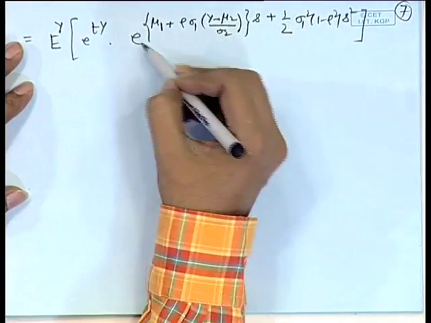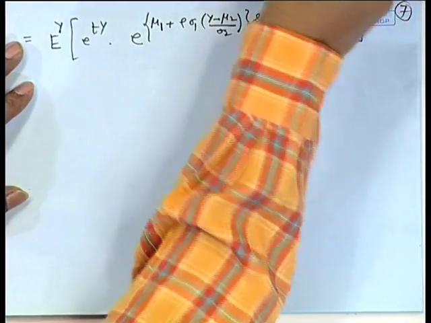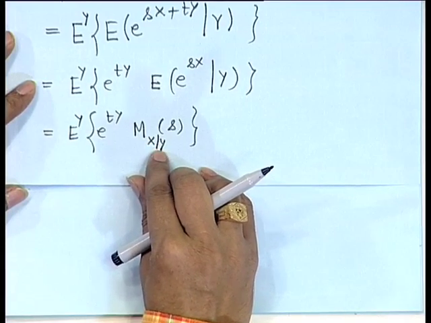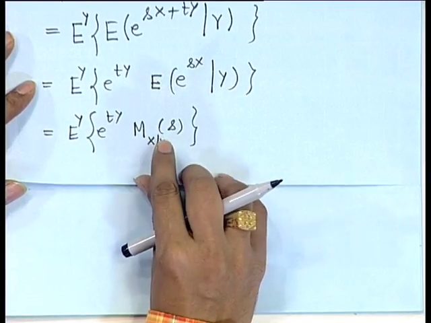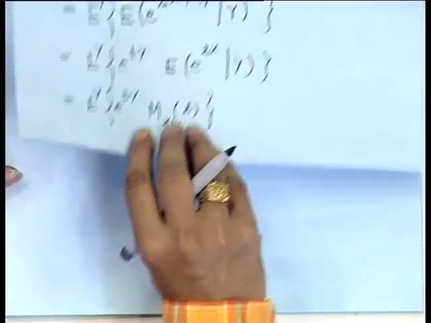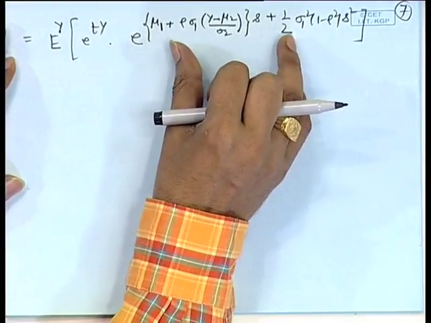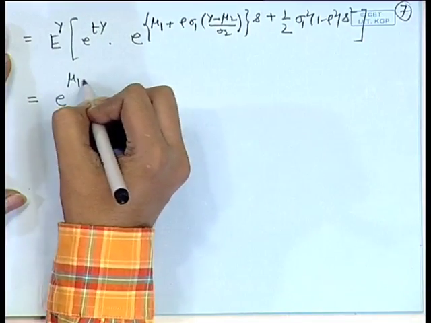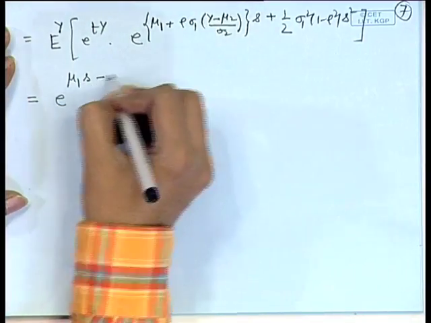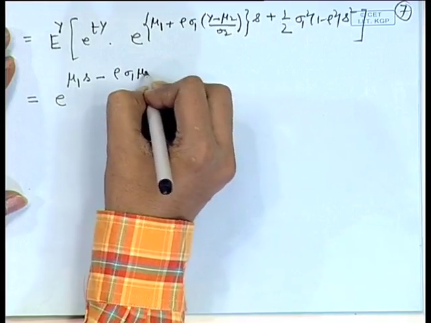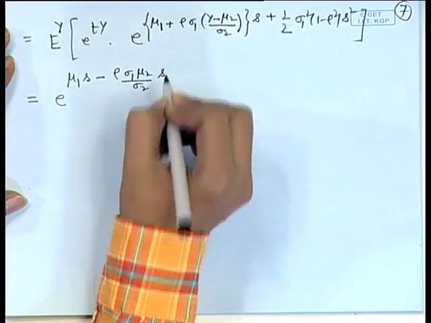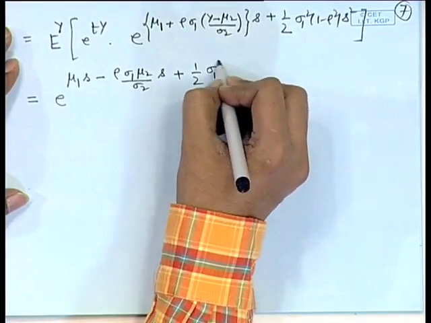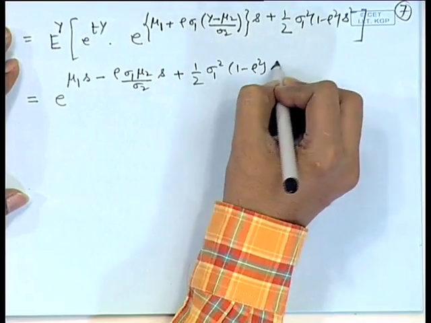So, this is the value coming after substituting the moment generating function of the conditional distribution of X given Y, which is univariate normal, and therefore the form is known to us. Now, here there are certain constant terms and we can separate them out: e^(mu 1 s minus rho sigma 1 mu 2 by sigma 2 s plus half sigma 1 square (1 minus rho square) s square).